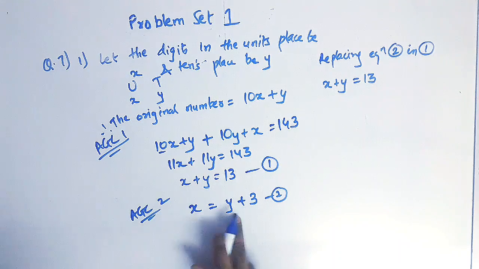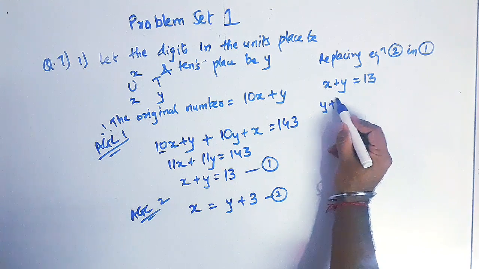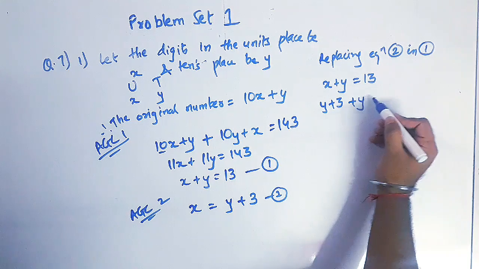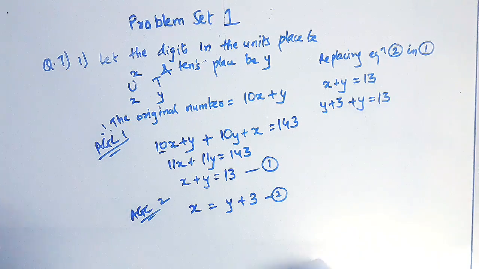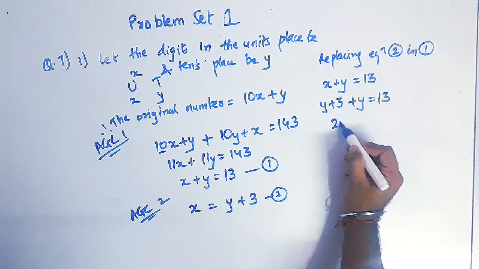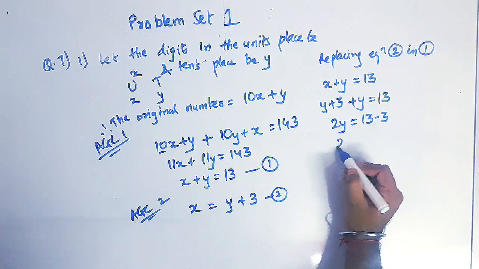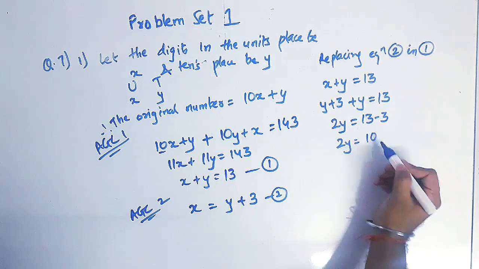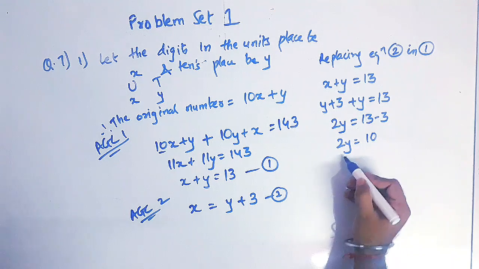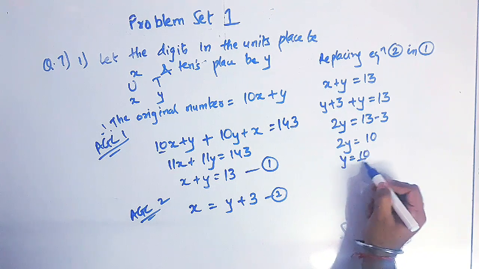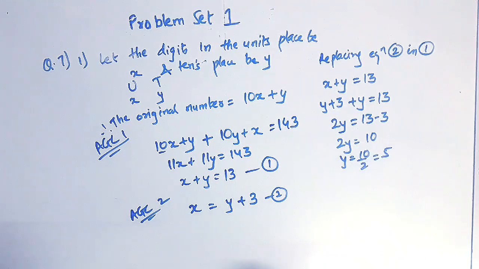Instead of x, I'll write y plus 3, plus y equals 13. So this y plus y will become 2y, 3 will move there, it will be 13 minus 3, 2y equals 10. So y will be equal to 10 by 2, which is equal to 5.